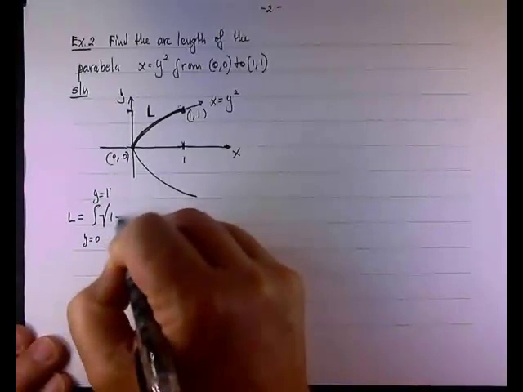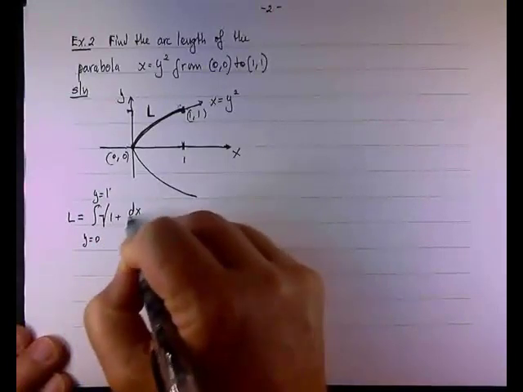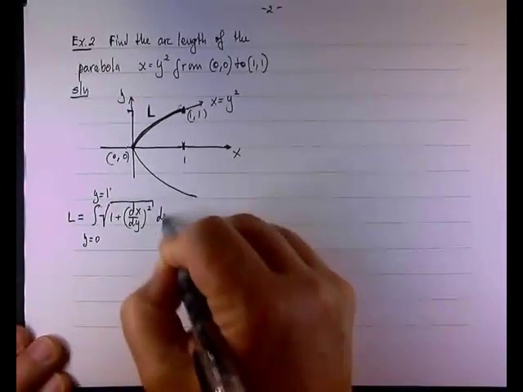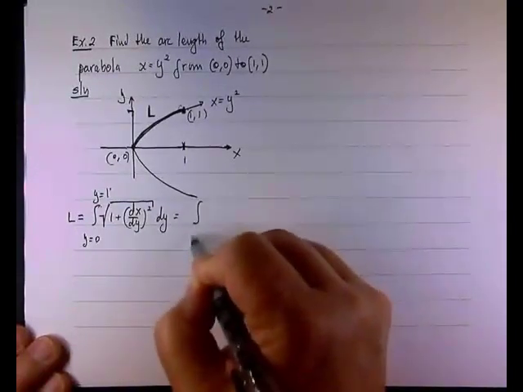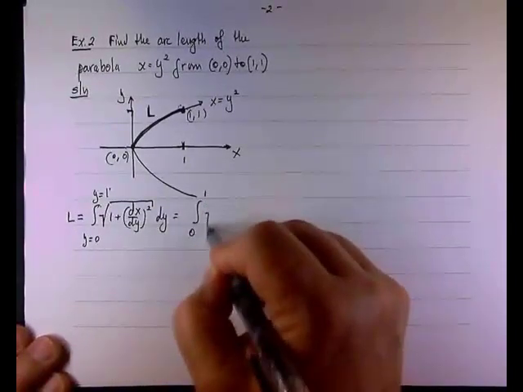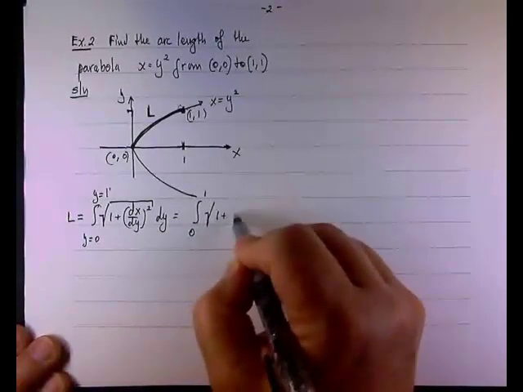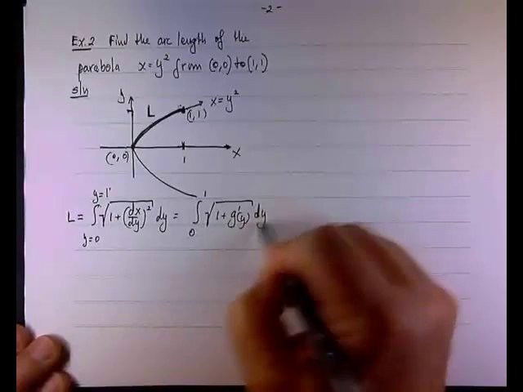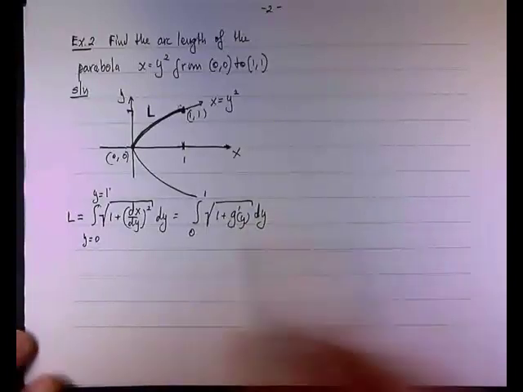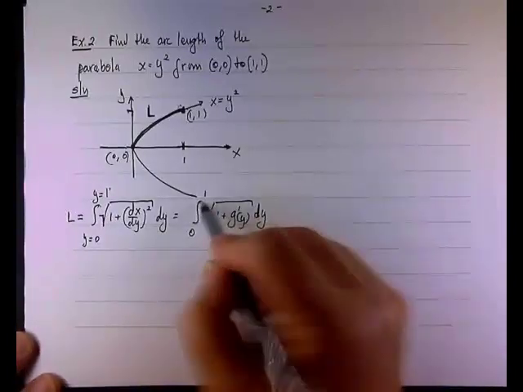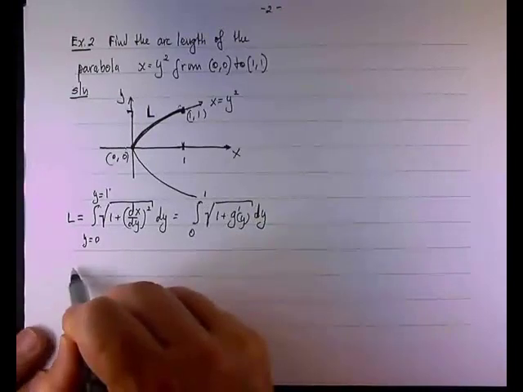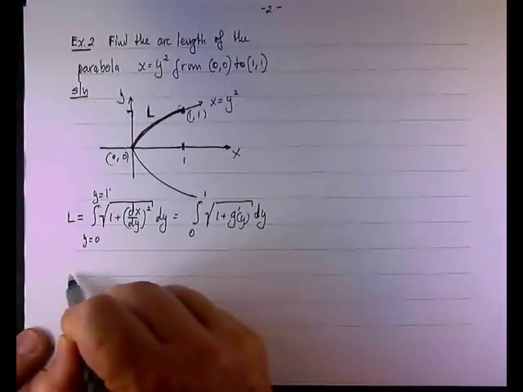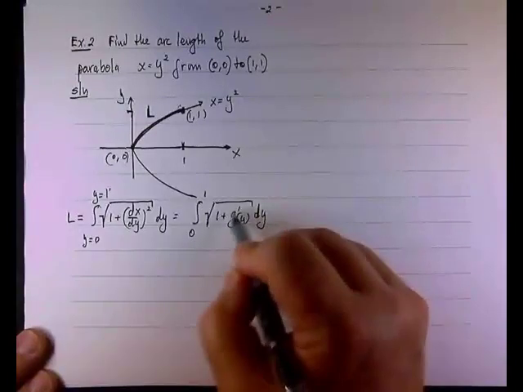So what we have here is the square root of 1 plus (dx/dy) squared dy, or I'll write it as the integral from 0 to 1 of the square root of 1 plus g prime of y squared dy, like so. So far what I did is rewrite the theorem, and now let's find out what g prime of y is.